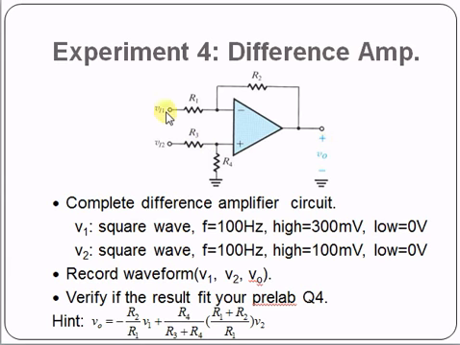You may record twice V1, VO, and V2, VO, and put it on the report, or use two oscilloscopes and set them to the same trigger level on Vout. Remember to use the cursor function to measure the peak-to-peak voltage.